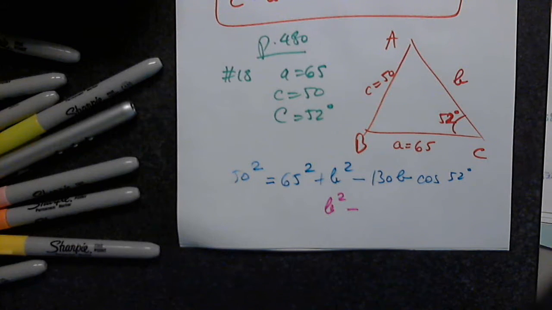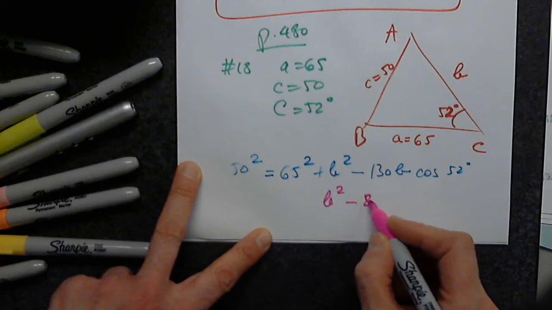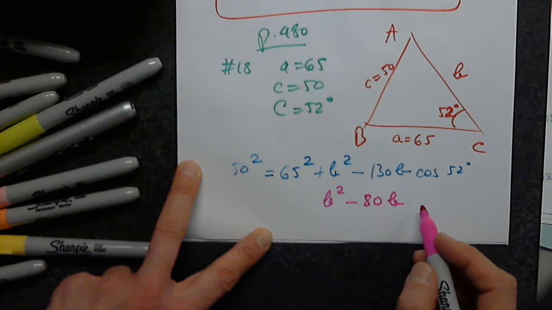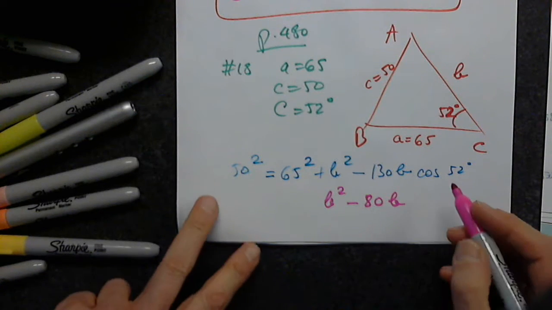I guess I need this number. So let's say it's 80. So minus, it's not exactly 80, but I'm making my life easier. Okay, and then I have 65 squared minus 50 squared, so it's 1725.